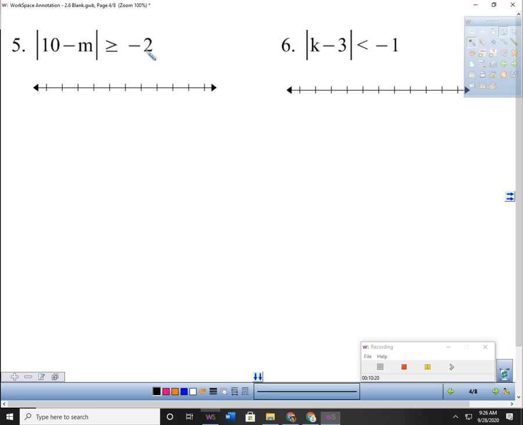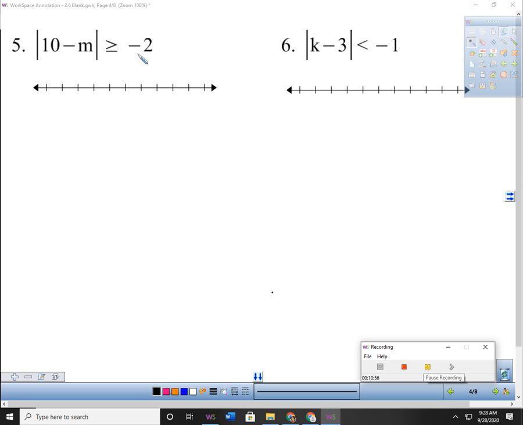What about the equal to part? Does that pose a problem? So the thing is, I'll never be equal to, right? But the absolute value of something will always be greater than -2. Correct?